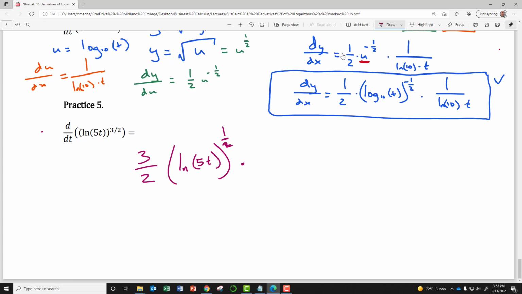And then times the derivative of my inside function, so the derivative of natural log 5t, well, that would be 1 over 5t. But actually, there's an inside function inside that inside function, right? So inside the natural log function, there's also the 5t function, and the derivative of 5t is 5. So these 5s are going to cancel, and my answer here in the end will be 3/2 times square root of natural log 5t over t.